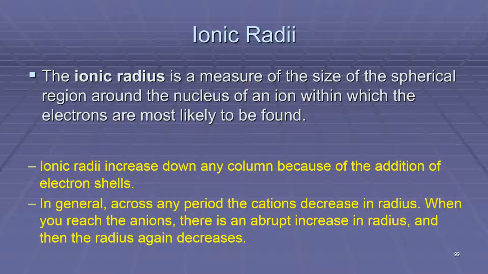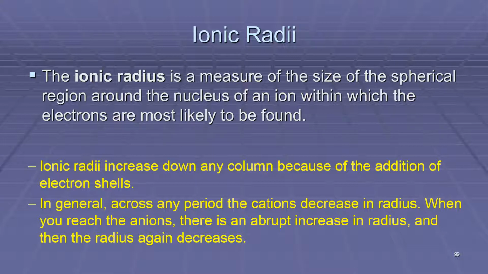If you remember, atomic radii decrease as you go all the way across, so calcium would be smaller than potassium, or magnesium would be smaller than sodium. The same is true for the cations. A magnesium ion is smaller than a sodium ion. A calcium ion is a little bit smaller than a potassium ion, and that's because they have the same number of electrons, but they have more protons in the center, so they're being pulled in a little bit more.